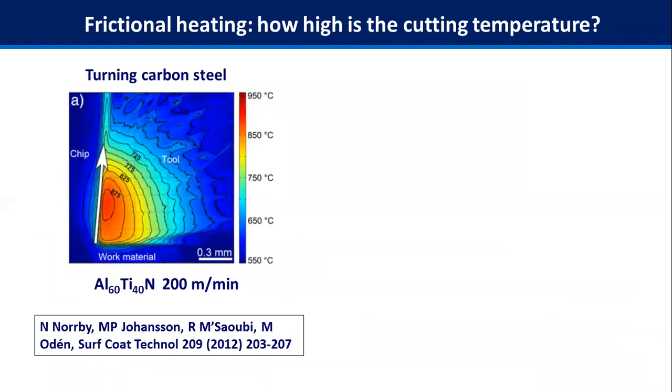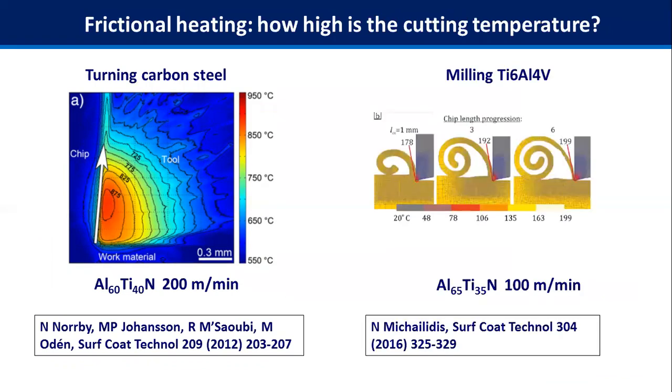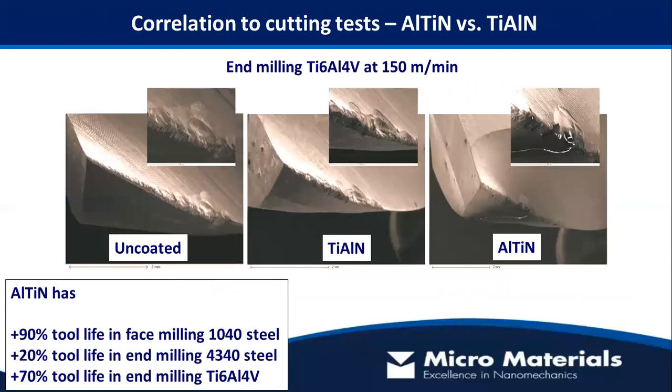500 degrees is not as high as the temperatures developed during continuous turning applications as shown here, but we're not trying to simulate those. We're trying to simulate interrupted cutting conditions where the test temperatures are typically a lot lower. And because we've got a close match on the repetitive contact, we've got a close match on the temperature, we get quite a nice correlation.